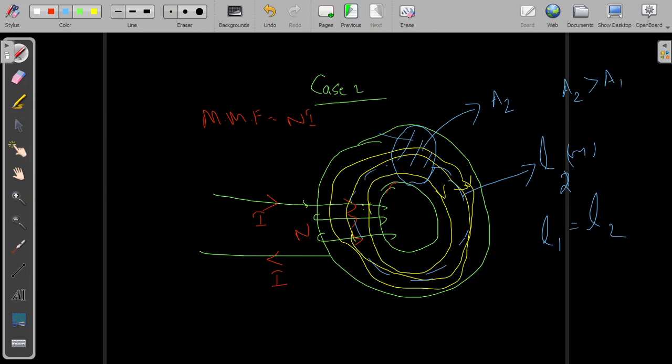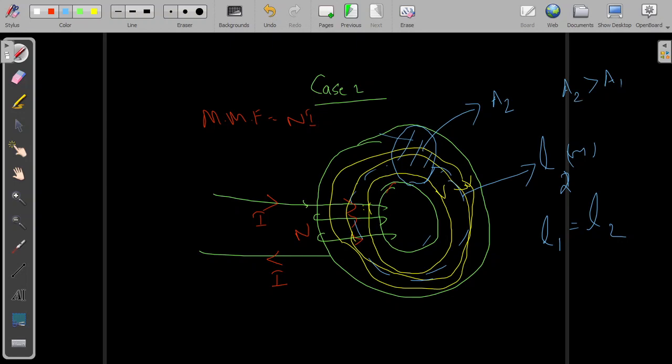Then what is happening here is that more flux lines are carried or confined by this toroid. The same number of flux lines can now flow in a larger space. They can spread in a larger space, or they can easily flow around the toroid. That is what happened by increasing the area from A1 to A2.